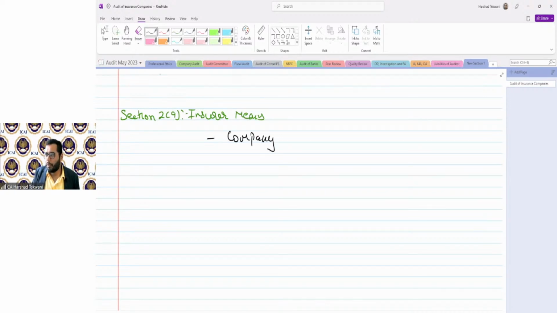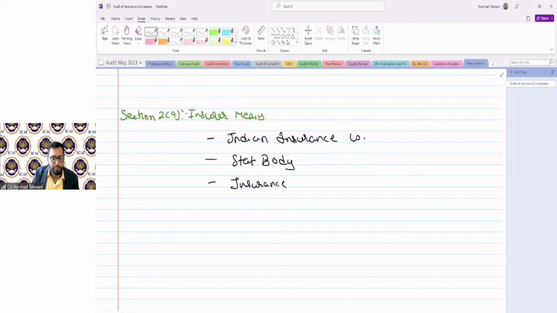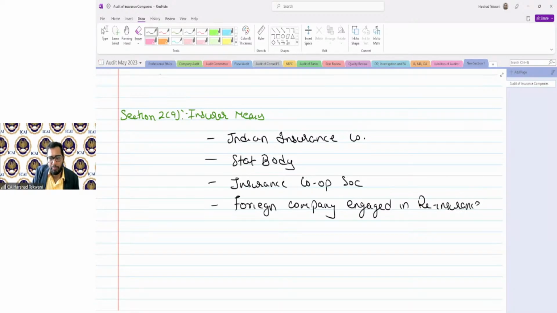a company, meaning an Indian insurance company. I'll write it down. Then a statutory body established by an Act, like LIC, or an insurance cooperative society, or a foreign company engaged in the reinsurance business through an established branch in India.